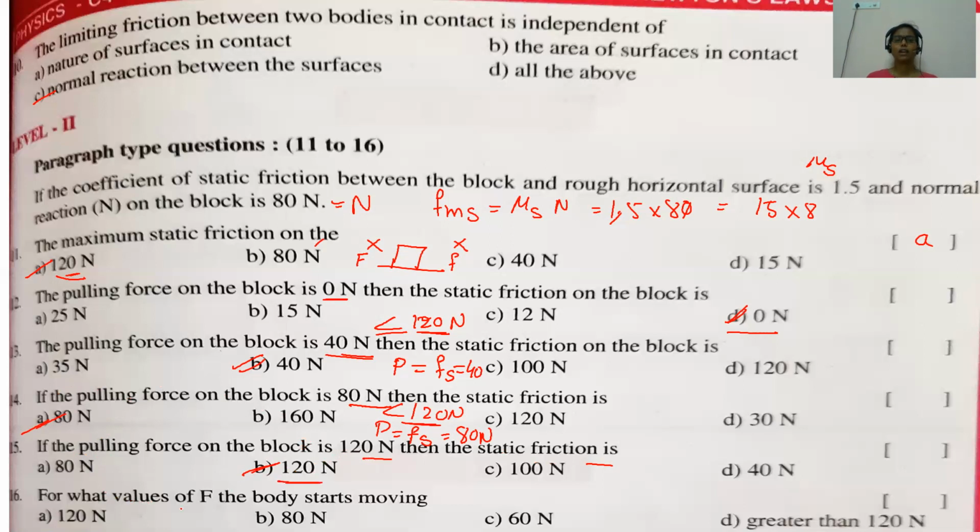Then, for what values of F does the body start moving? Definitely, when you apply more than 120 newtons, then the body starts moving. Before that, whatever force you apply, the body is just adjusting itself to break the irregularities and try to come out of them. Irregularities are like humps, children. Inside there are more humps of the second body, locked just like how a key and lock are locked.